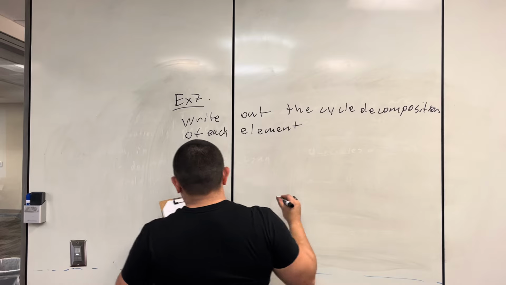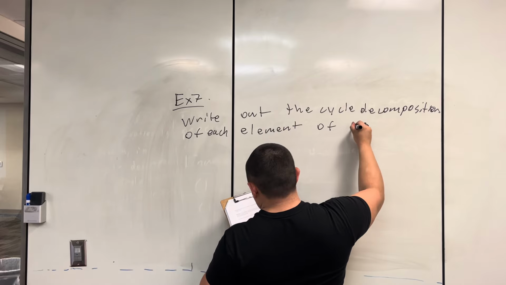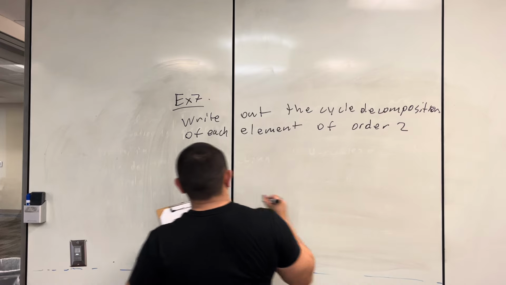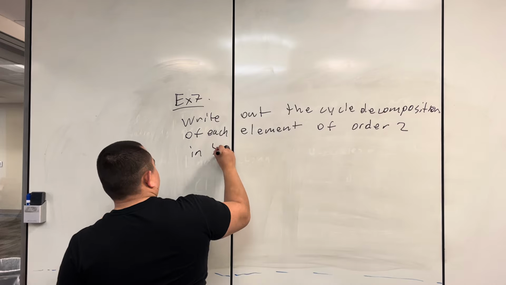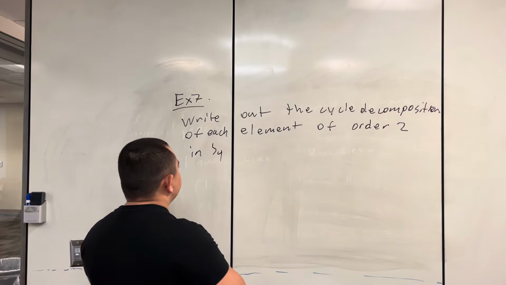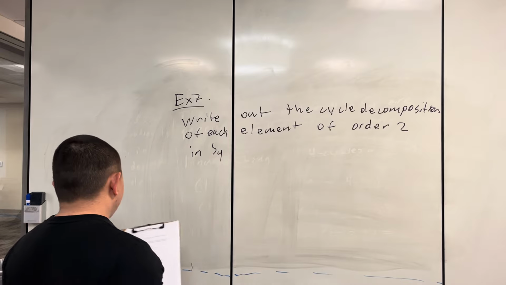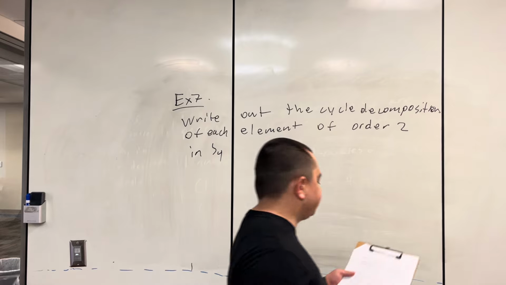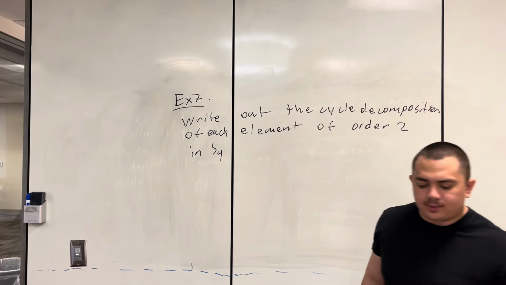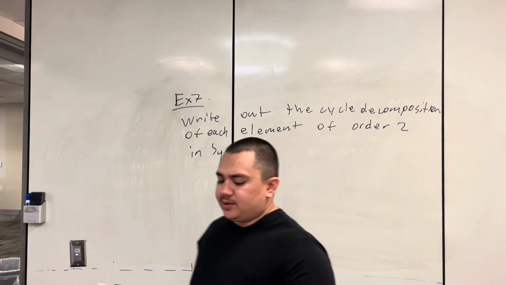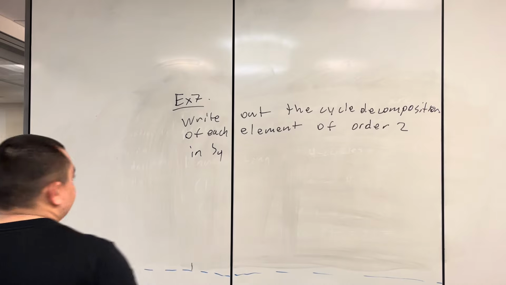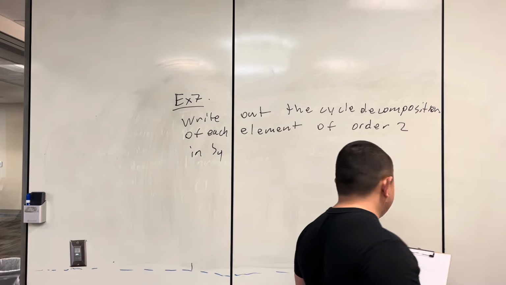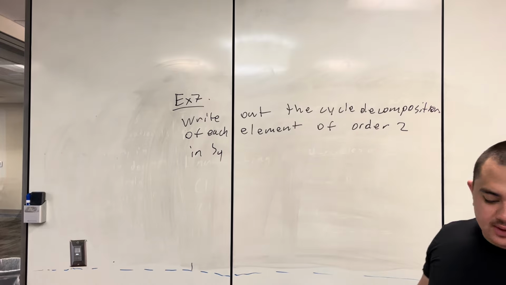Let's just go back to writing normal L's and 1's, because I feel like the underscores and all the other notation I have should be able to withstand that. In S4, write out the cycle decomposition of each element of order 2 in S sub 4. Intuitively, in S sub 4, an element has order 2 precisely when its cycle decomposition is a product of disjoint 2 cycles, right? So this includes both single transpositions and products of 2 disjoint transpositions.